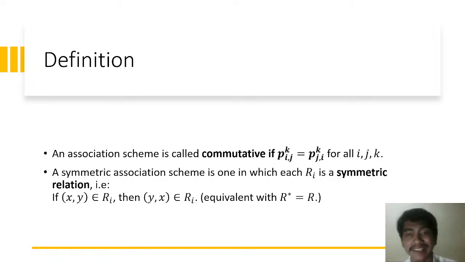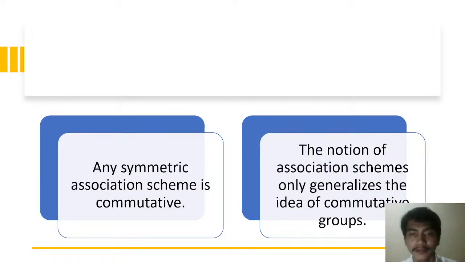And then a symmetric association scheme is one in which each Ri is a symmetric relation, that is, if (x, y) is in Ri, then (y, x) is in Ri, equivalent to R star equal to R. If an association scheme is symmetric, then it is commutative, but not necessarily the other way around. Commutative is not necessarily symmetric.